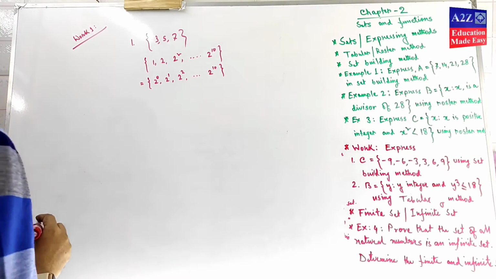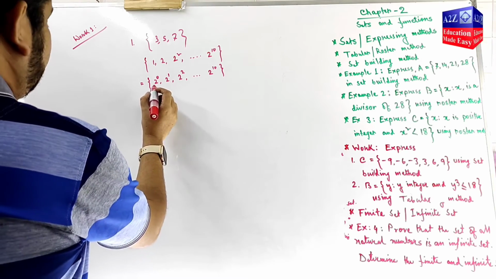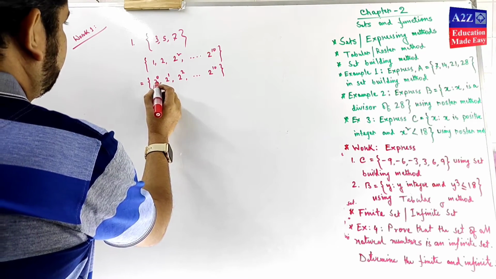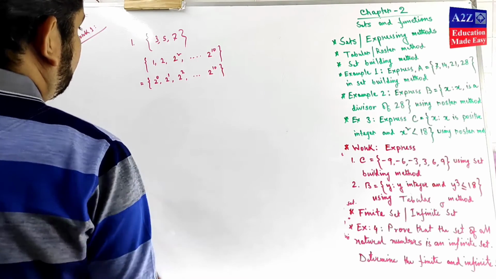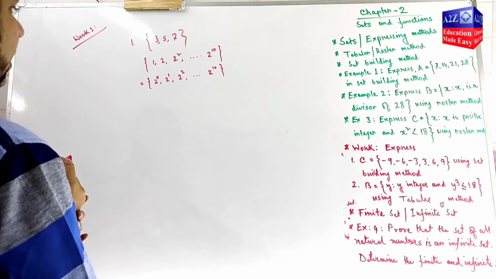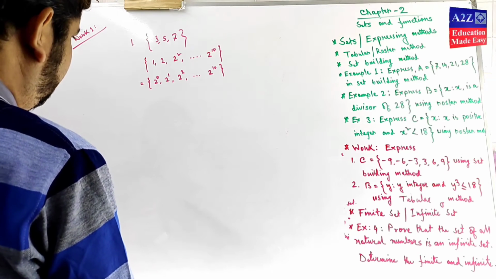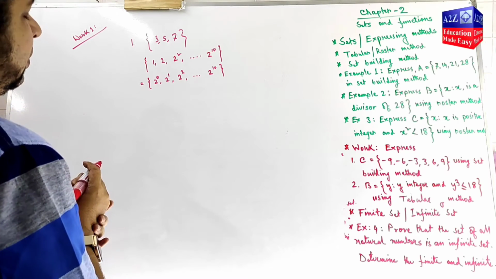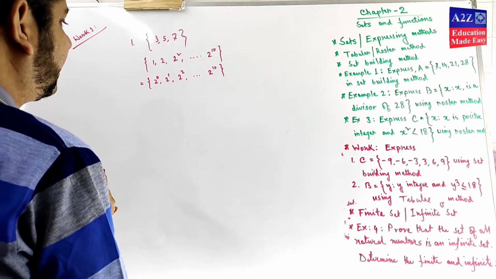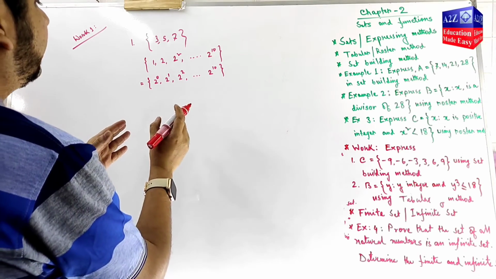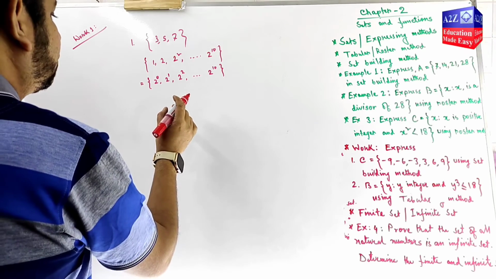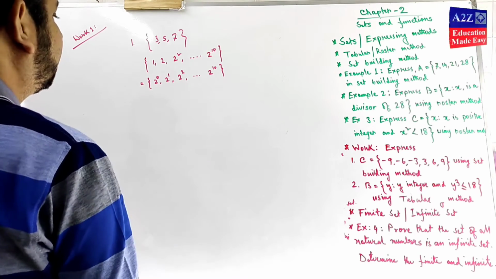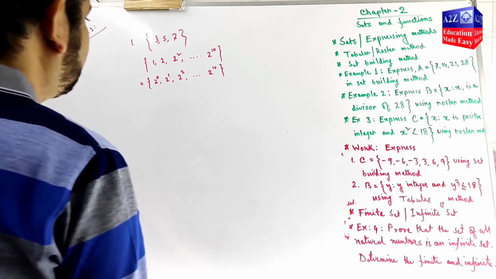You see the initial item starts with 0 and the final item ends with 10. So there are only 11 items within this set, a limited number of items, so this is a finite set.